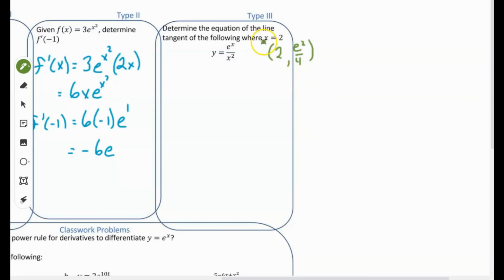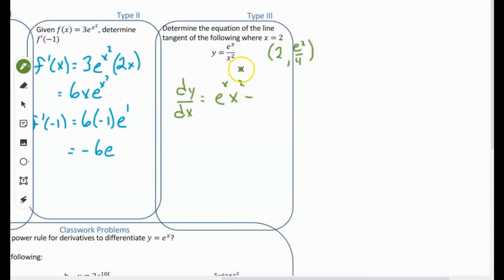Then we also need to know the slope at that point at 2. So to find the slope, we're going to first find the derivative, dy by dx. And this looks like we could use the quotient rule for this one. So for the quotient rule, first we'll have the derivative of the numerator. The derivative of e to the x is e to the x, and then multiply by the denominator, which is x squared.